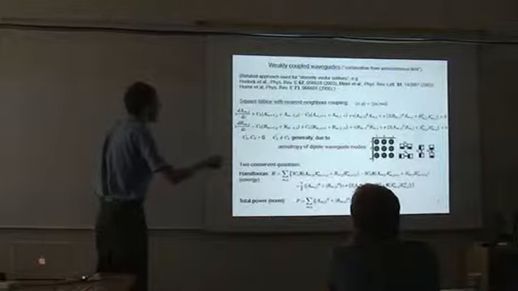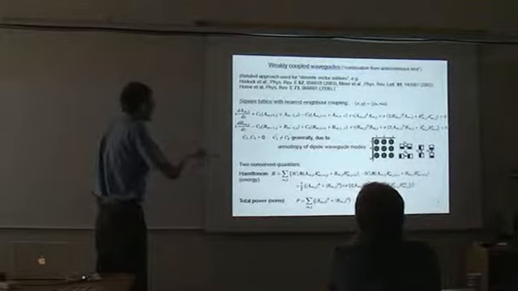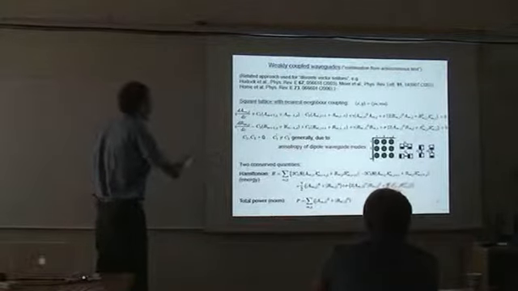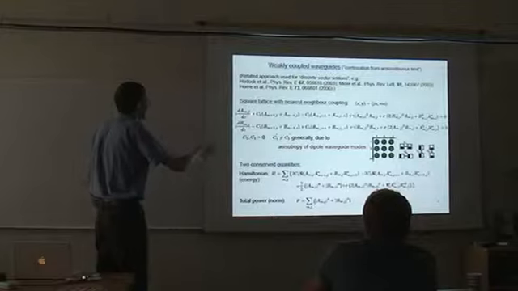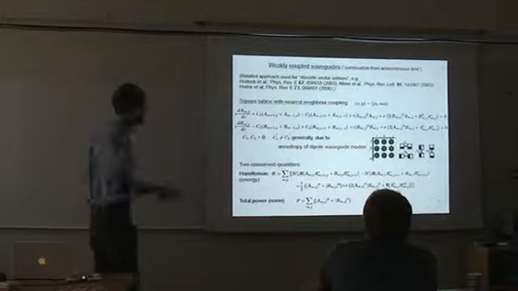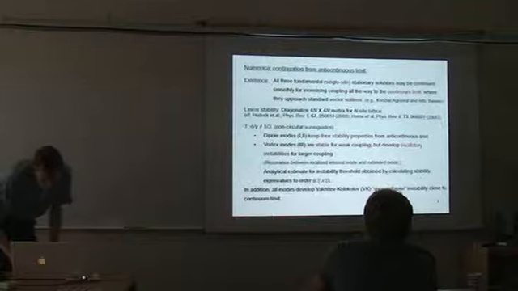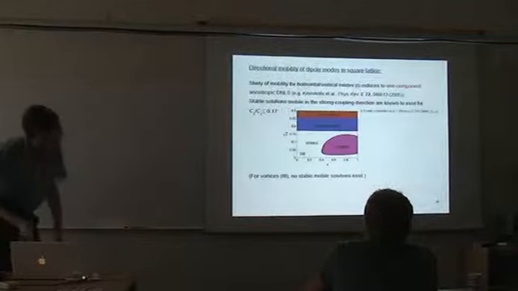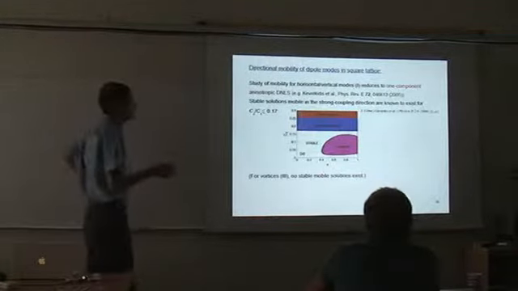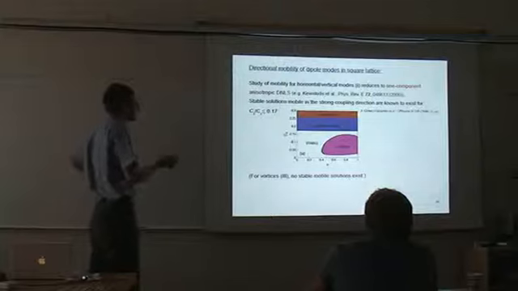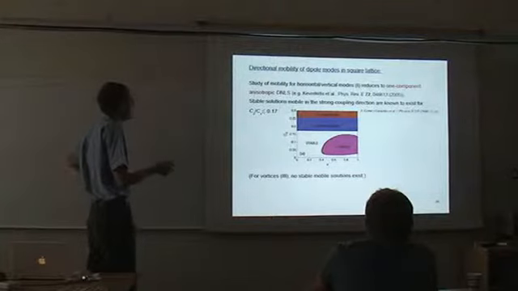Because if B is 0, then this term will disappear. Then you have just an equation for one field. So you get back an anisotropic discrete version of the nonlinear Schrödinger equation, and that one has been studied before in several papers. So it was known from previous results that such solutions will be stable.